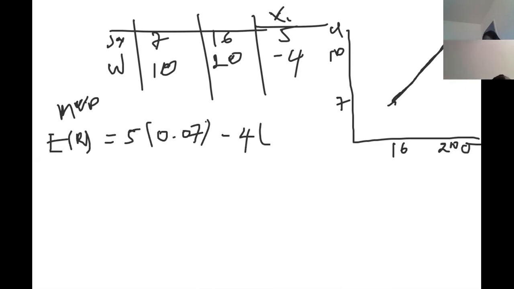So I can say the same as 5 into brackets 7% minus 4 into brackets 10%. Okay, 5 times 7 will give you 35, minus 4 times 10 will give you 40. That means it's supposed to be negative.